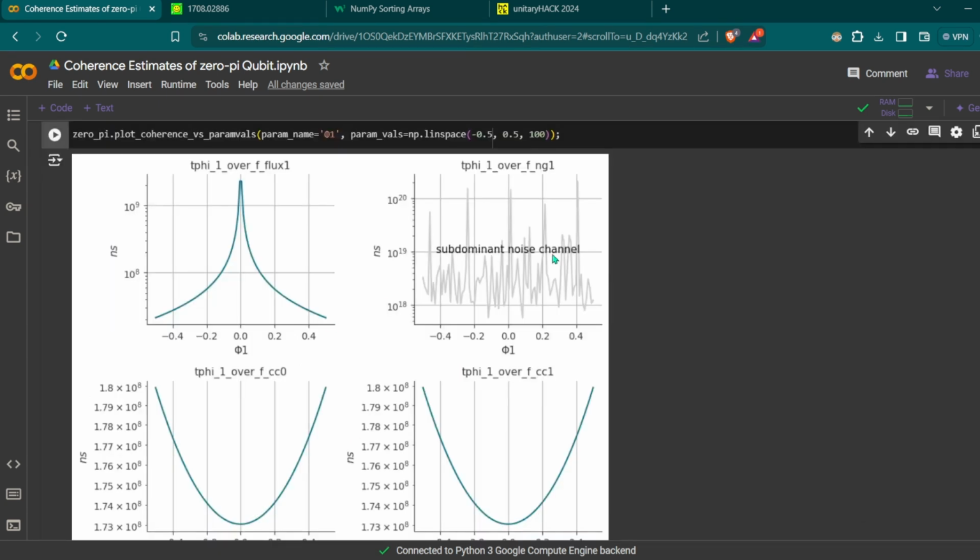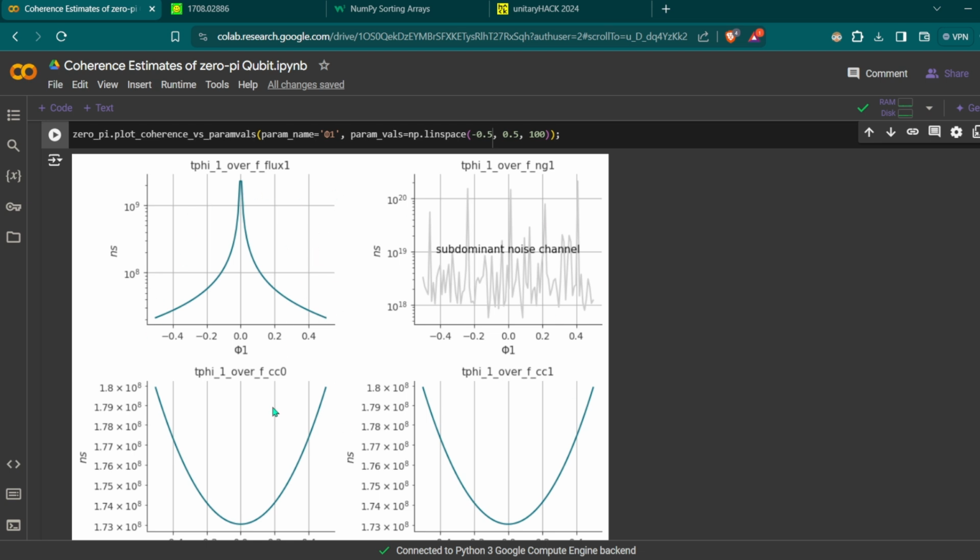Now if we don't specify any parameters for the noise channels for our coherence versus parameter value method, then it is going to plot all the expected noise channels for our qubit.